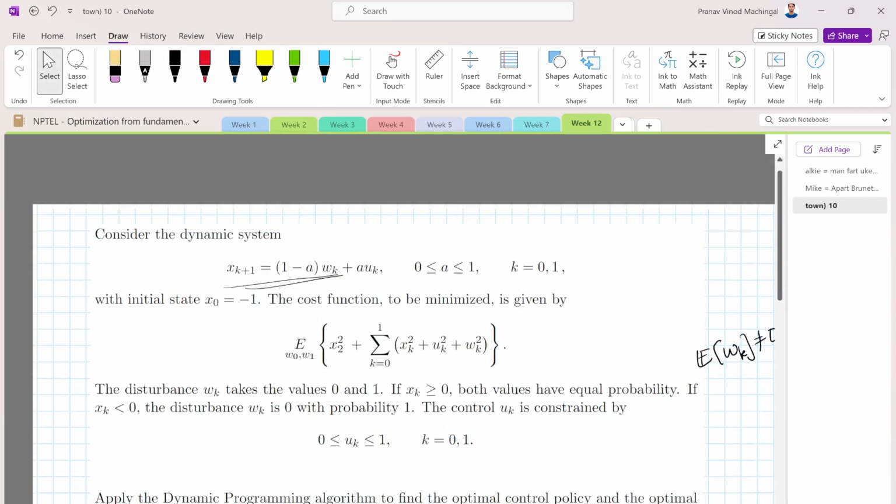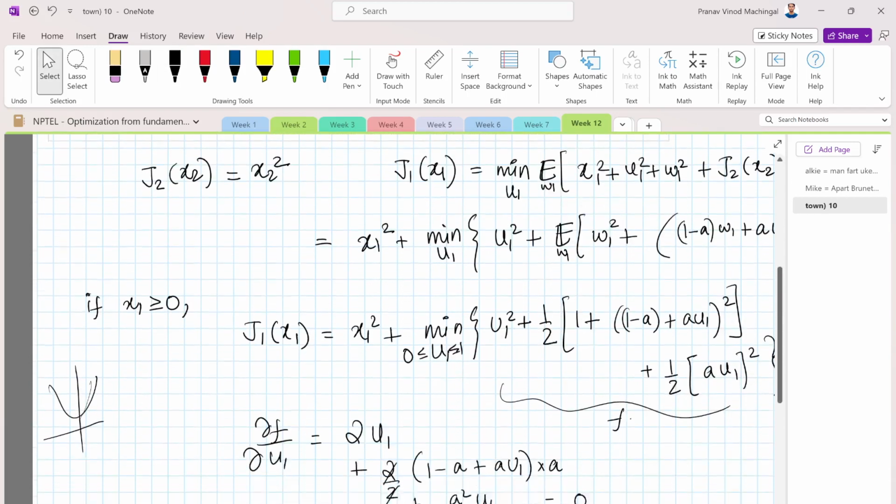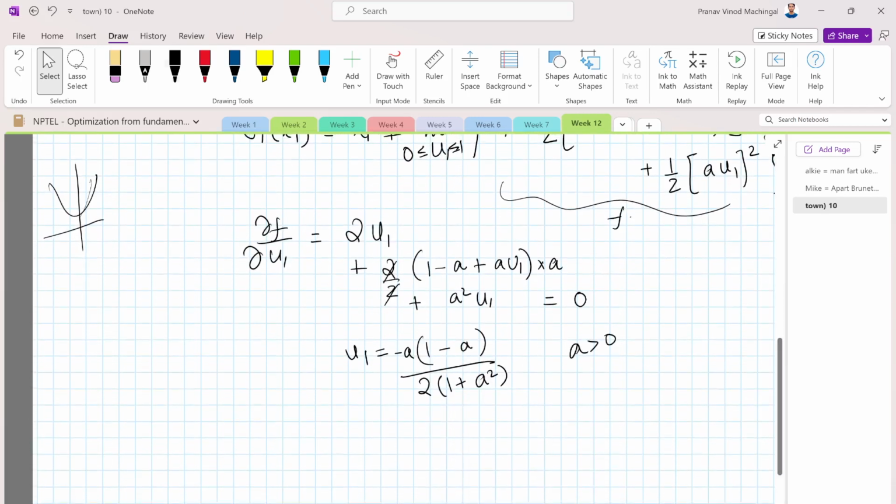This is what is given here. A is between 0 and 1. So if a is between 0 and 1, then that implies that u1 is negative. So u1 can't be negative. So that means it is beyond the range. Whatever this minima is, it is achieved beyond 0 and 1.